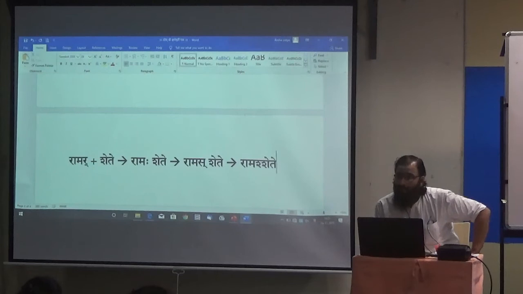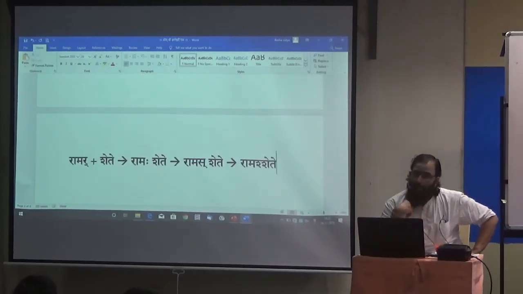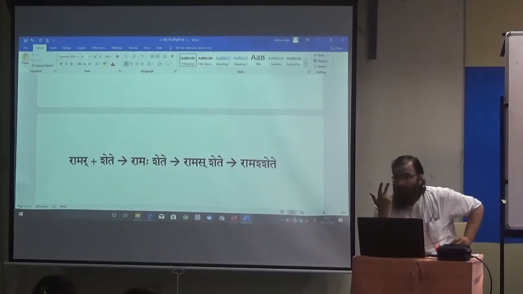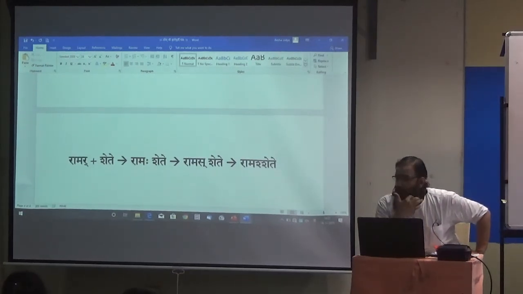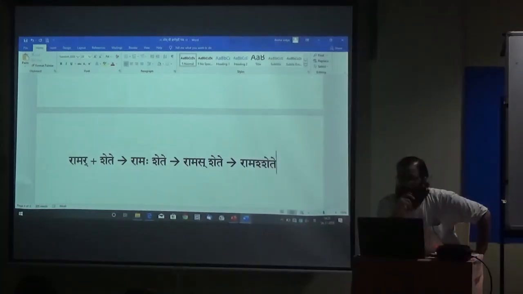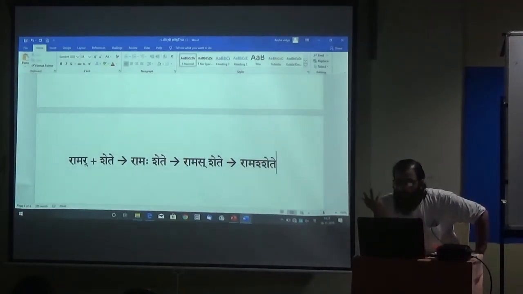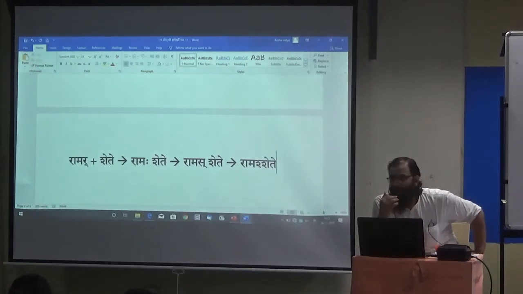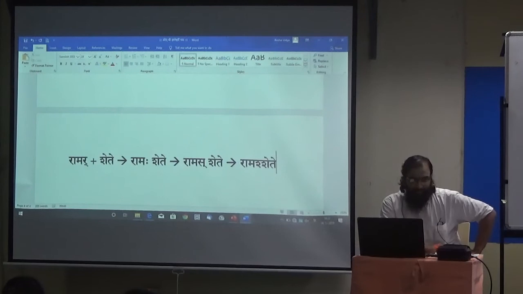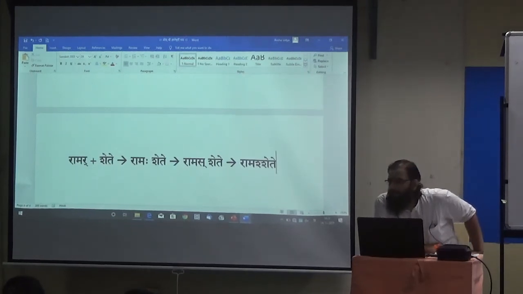How? The sha has apparently doubled, when we don't split it into two. What is the nimitta? Visarga sandhi, right? Visarga is already over: Ramaha became Ramas. Visarga has undergone change. Now Ramas shete is vyanjana sandhi. Sakara becoming shakara we call stutva sandhi. Remember?